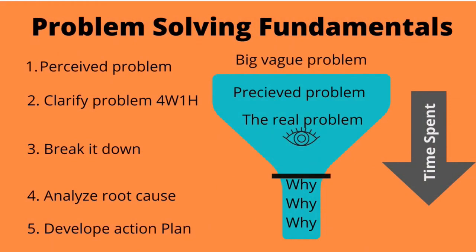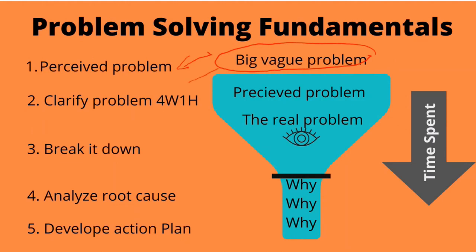Problem solving fundamentals will start with perceiving the problem. It could be a very vague problem because sometimes a customer says, I have noise in my computer, very weak, do not know where the noise comes from.